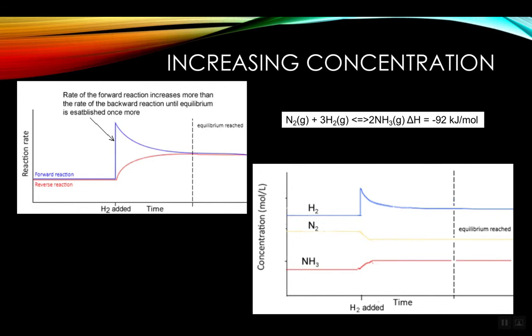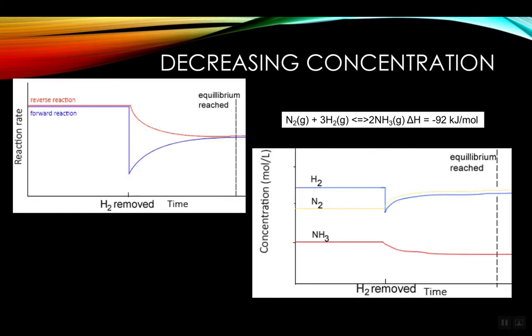So if you see how much the hydrogen falls and how much the nitrogen falls, you'll see that the nitrogen falls by about 1/3 the amount of the hydrogen. That's our molar ratio, because you're using up 1/3 of the amount of nitrogen as you are hydrogen. And the NH3, the ammonia, that's going up by about twice as much as the nitrogen. If you're given grid lines, yes, you do have to plot this.